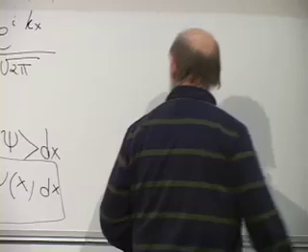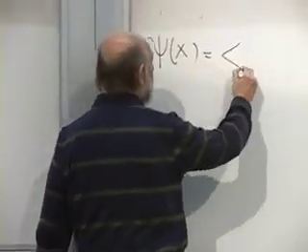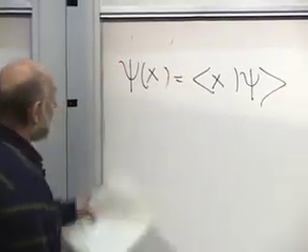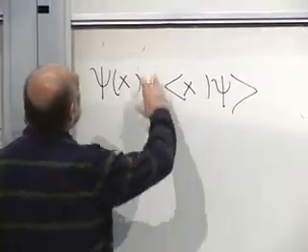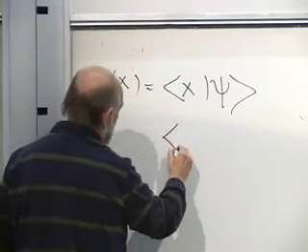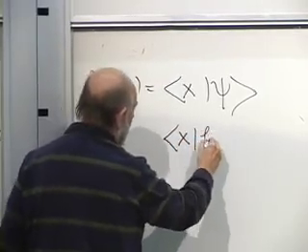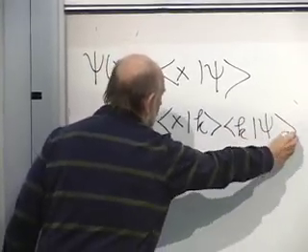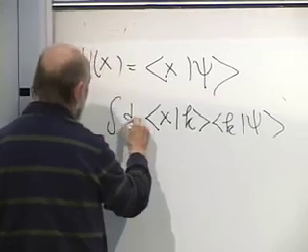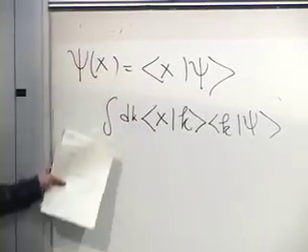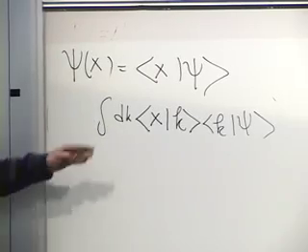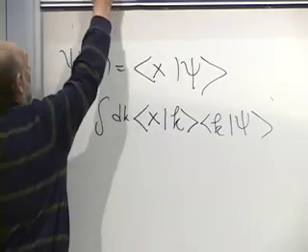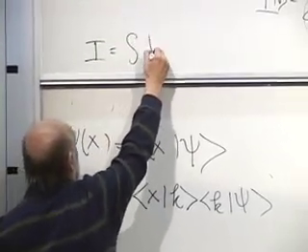So psi of x is by definition <x|psi>. That's its definition. And now to calculate it, I'll insert a complete set of momentum states. <x|k><k|psi>, integral dk. Again, I have now done exactly the same thing, except I've expressed the identity operator I as an integral over k.